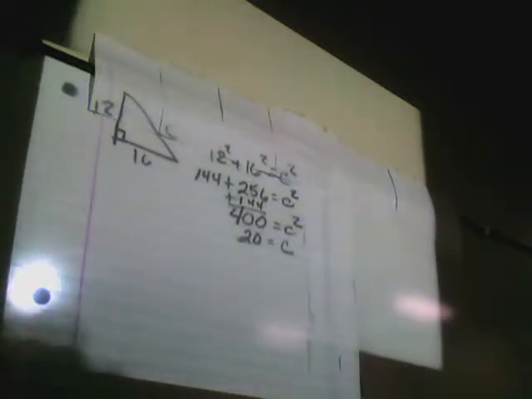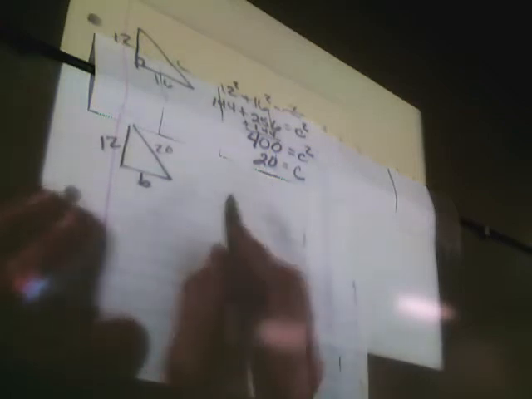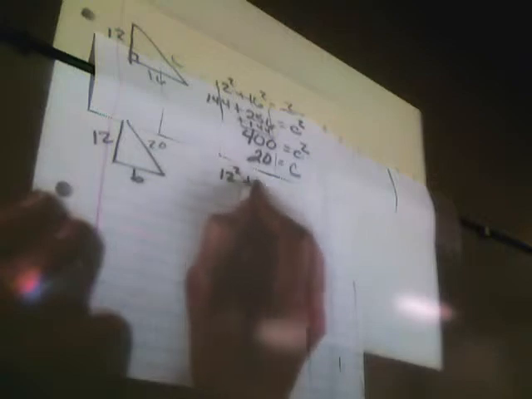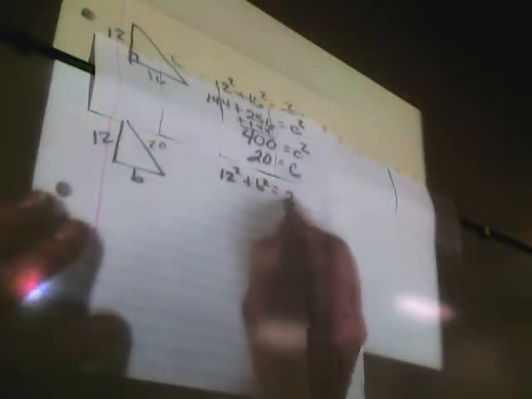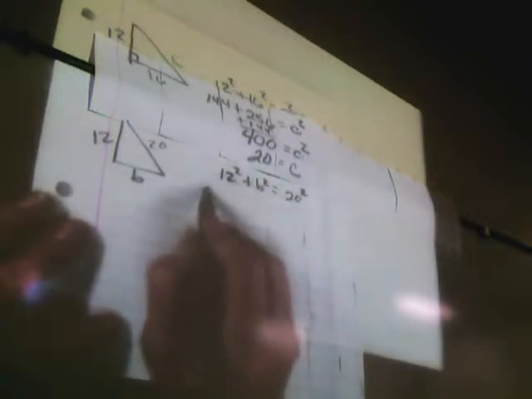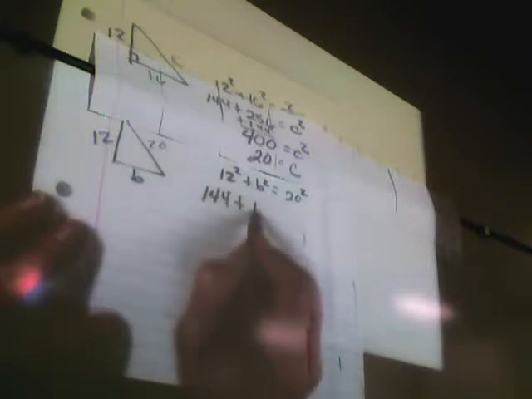Okay, how about if you don't know one of the legs? 12 squared plus B squared equals 20 squared. So you have 144 plus B squared equals 400. How are you going to solve it?